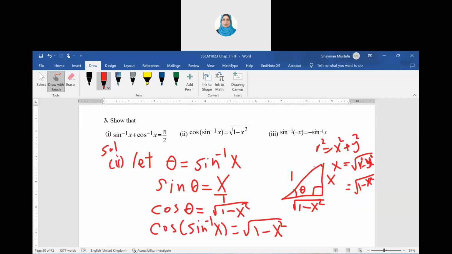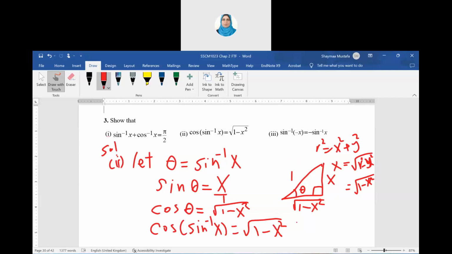From the relation that the hypotenuse squared is equal to the adjacent squared plus the opposite squared, we can show that 1 squared is equal to x squared plus this value squared. So the adjacent is the root of 1 minus x squared.